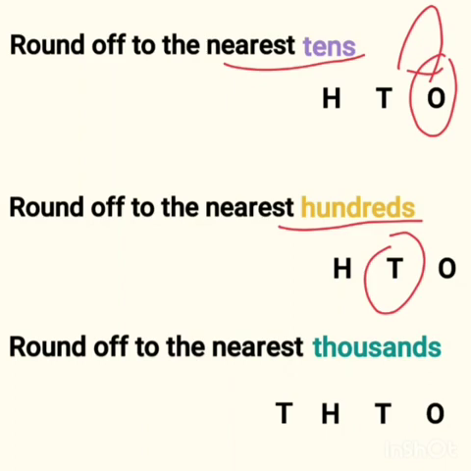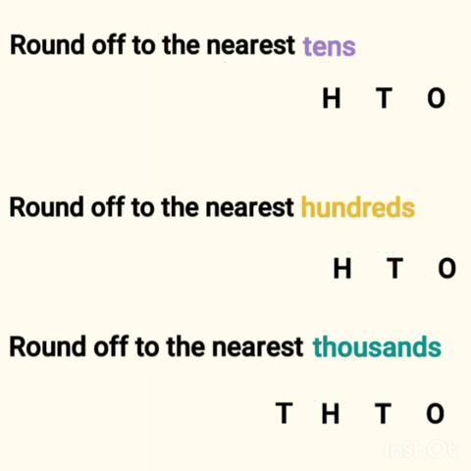So for hundreds, I look at the digit after that, that is the tens digit. And when we round off to the nearest thousands, we look at the hundreds digit. So for thousands, I look at the digit after that, that is the hundreds digit. This is how, when you want to round off a number to the nearest tens, hundred or thousands, you look at the next digit to the right and then round off the number.